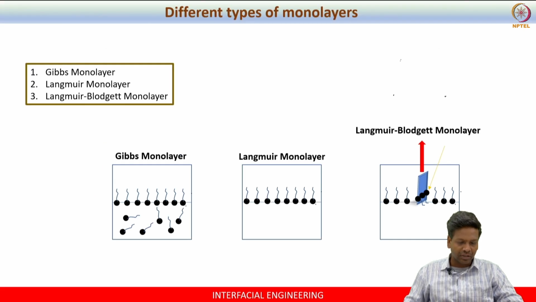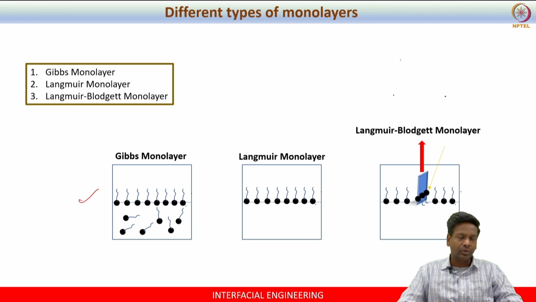First, let us understand the different types of monolayer that we know. We already spoke about the Gibbs monolayer in previous lectures. In the case of a Gibbs monolayer, you employ surfactant molecules in the bulk, which means that these surfactant molecules are soluble in the medium that you have chosen.